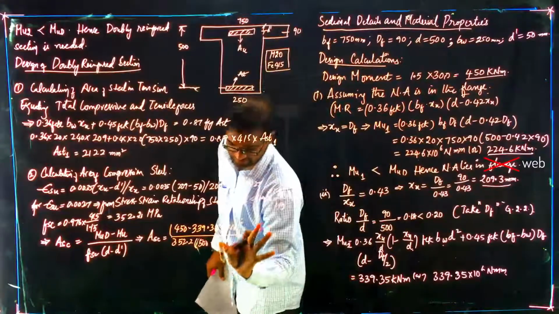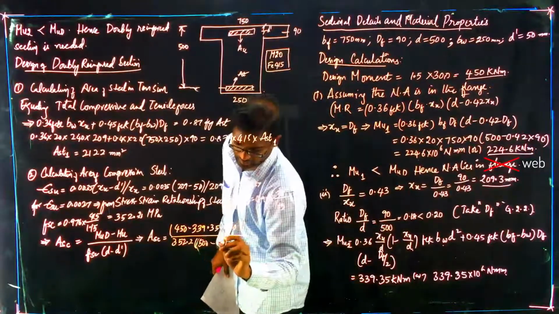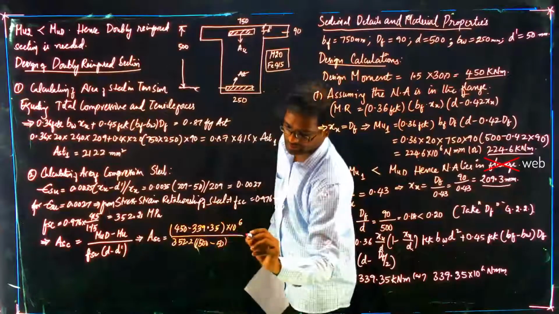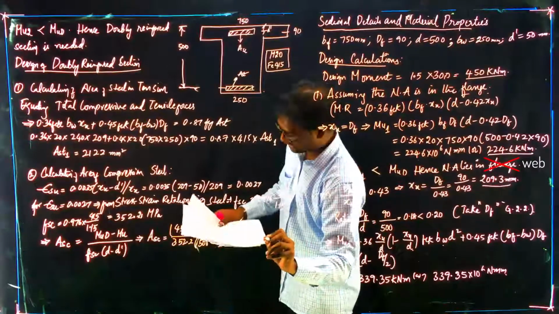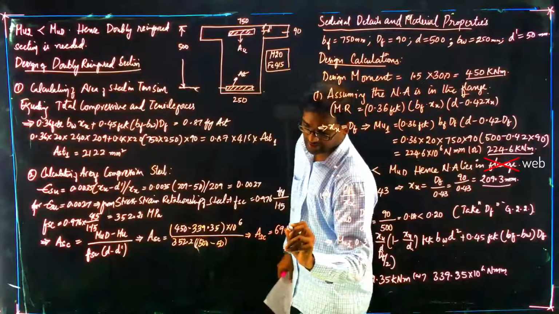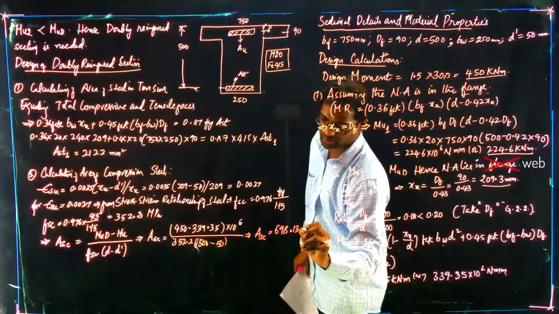Sorry, d dash is 50, we have assumed 50. That implies you can calculate Asc as 698.13 mm square.